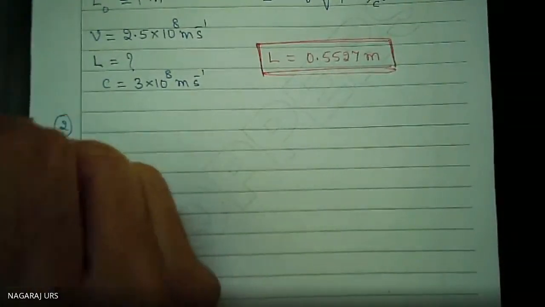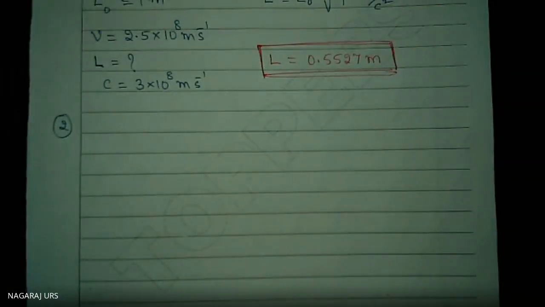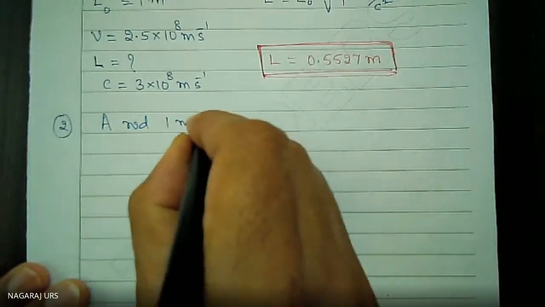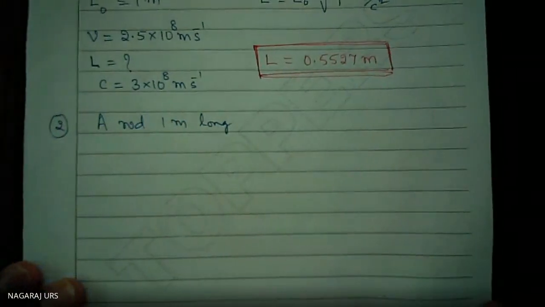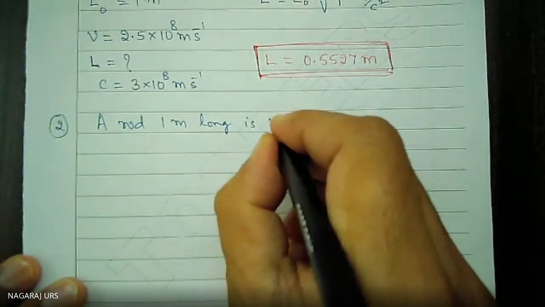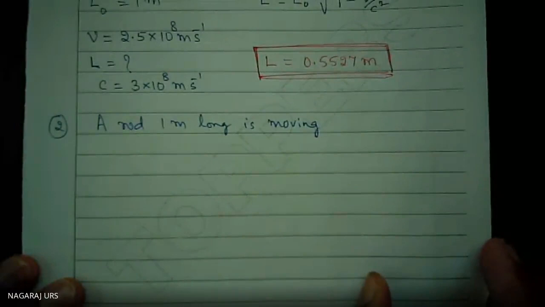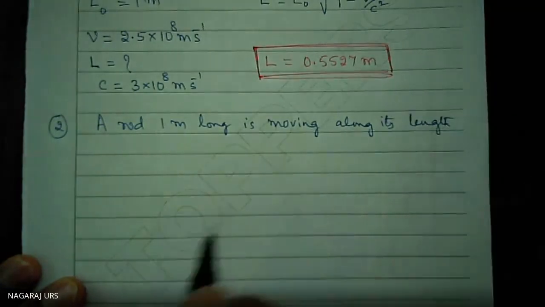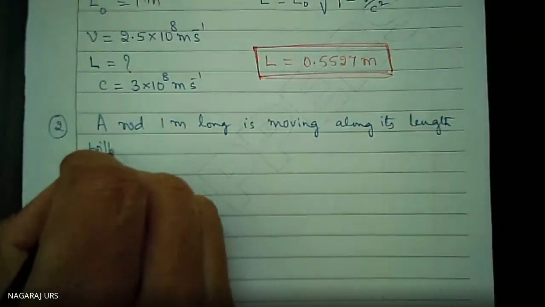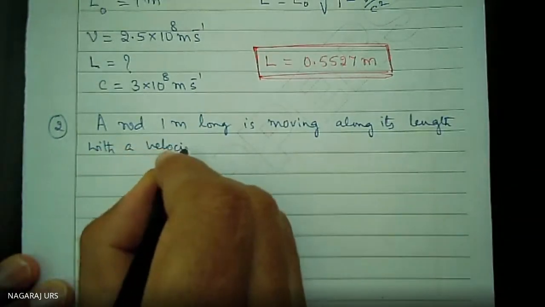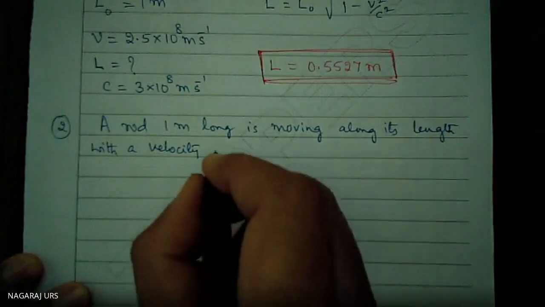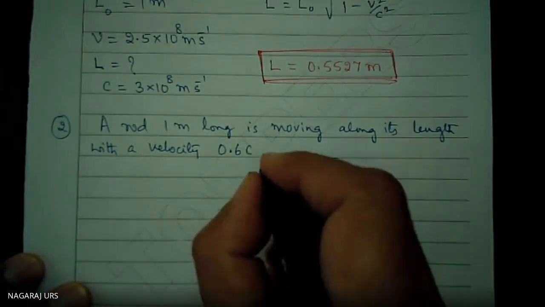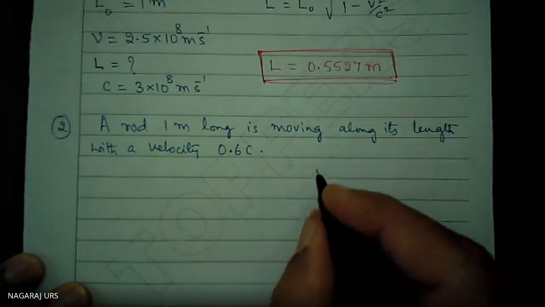Okay, problem number 2. A rod 1 meter long is moving along its length with a velocity 0.6 c, where c is the velocity of light in air or vacuum medium.